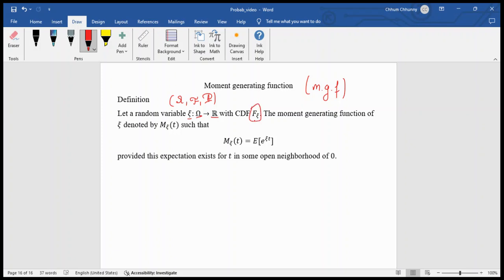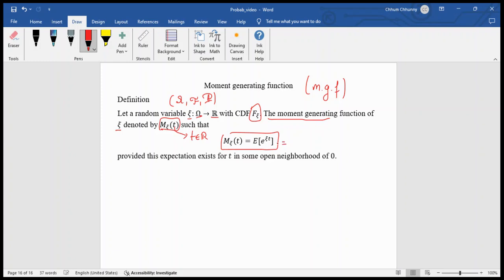You know already what the CDF of a random variable is. So the moment generating function of ψ, denoted by M_ψ(t), where t belongs to R, is equal to the expectation of e to the power ψ multiplied by t.